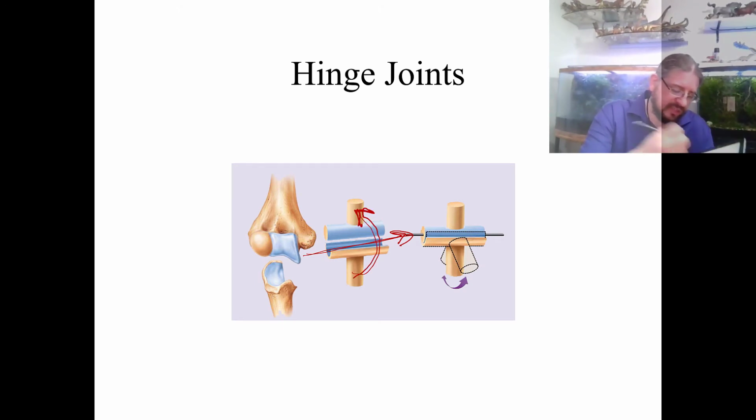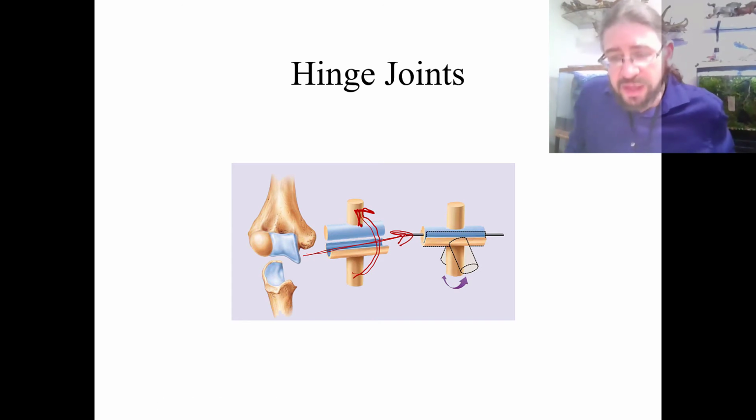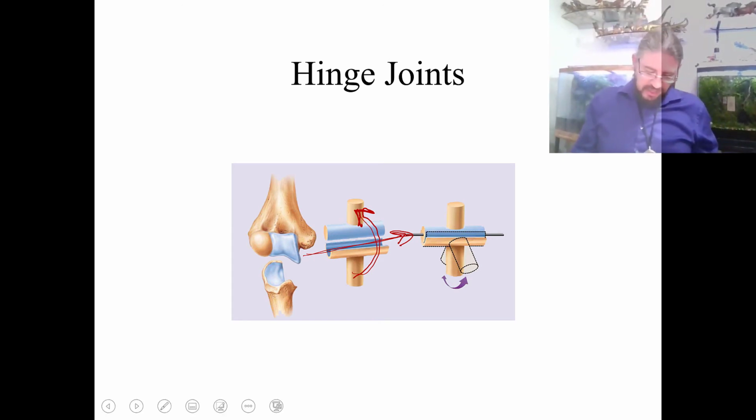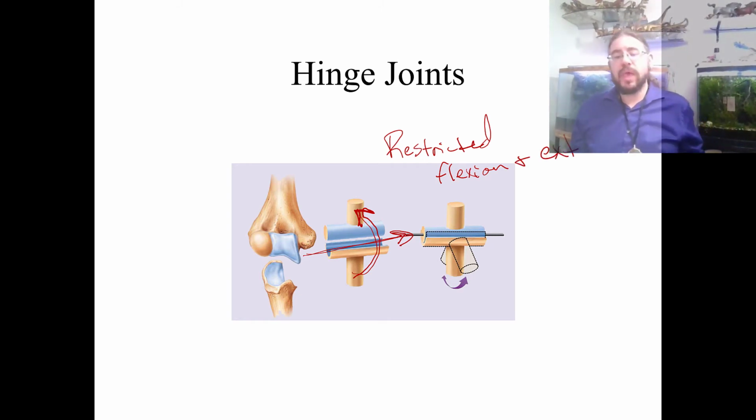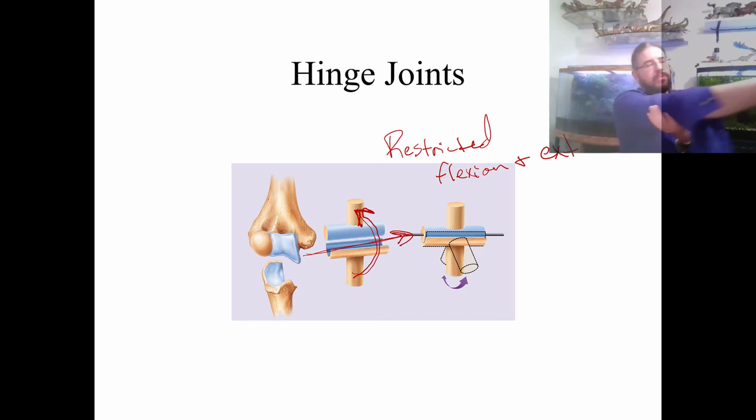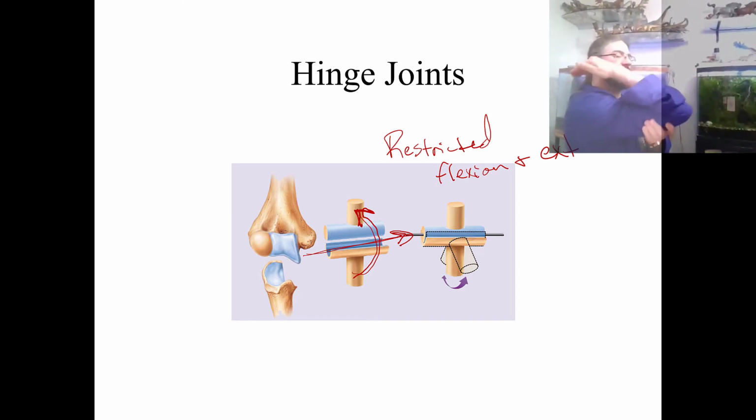It is essentially a door hinge, amazingly enough. This is restricted to flexion and extension. So this is motion on a single plane, flexion, extension, flexion, extension. Not too terrible there. So that is a hinge joint.